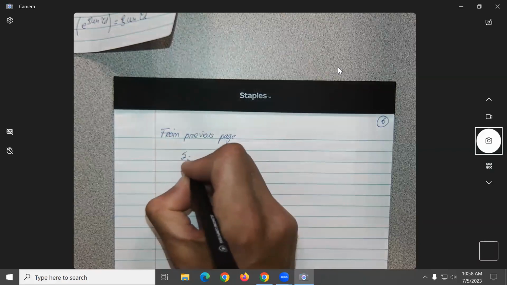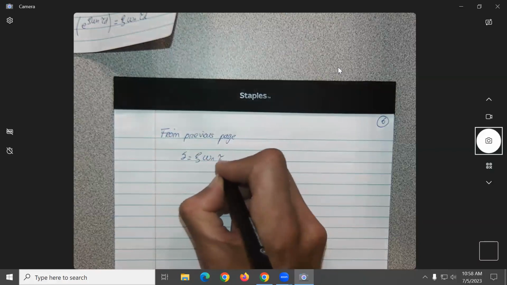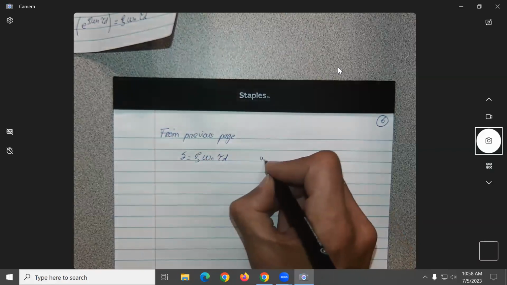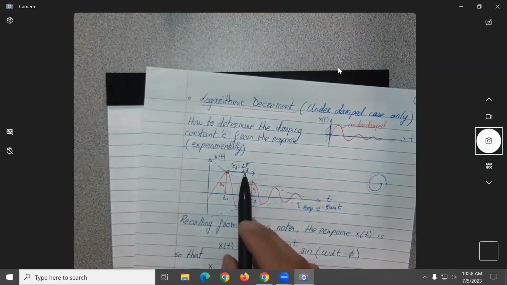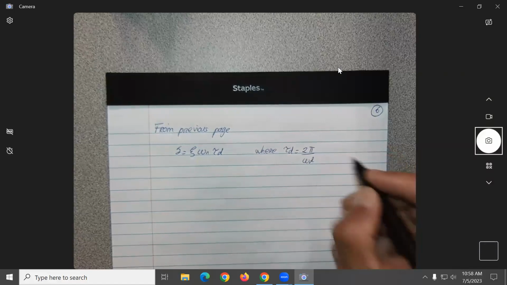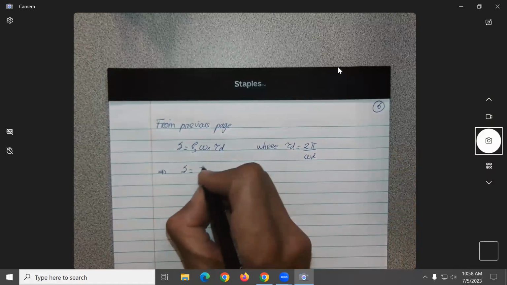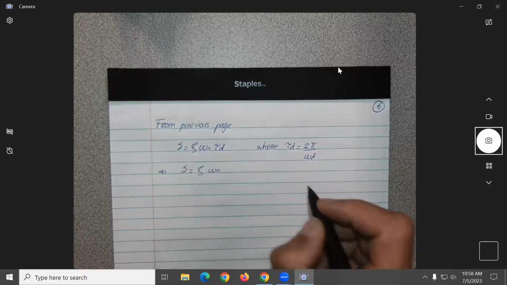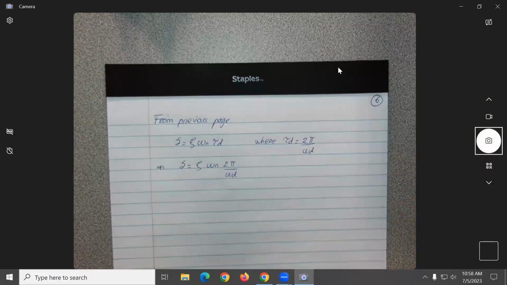What do I have? This is equal to, where we said that the period tau sub d was equal to what? 2 pi divided by omega d. So that means that the decrement is equal to xi omega sub n times 2 pi over omega sub d.